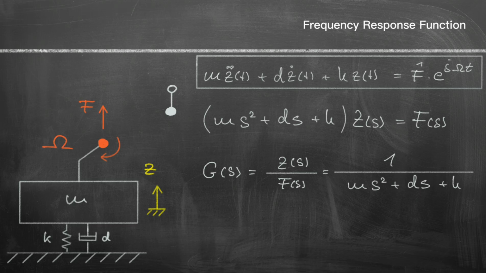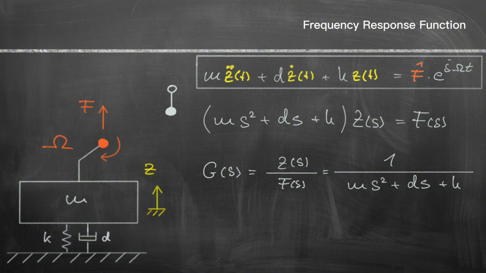We can now write this equation as the ratio of the complex output quantity, which in this case is the vertical displacement z, to the complex input quantity, which in this case is the harmonic force excitation F, and we therefore obtain the transfer function G of s, which in system theory is sometimes also referred to as H of s. Z of s over F of s is equal to 1 divided by m s squared plus d s plus k.